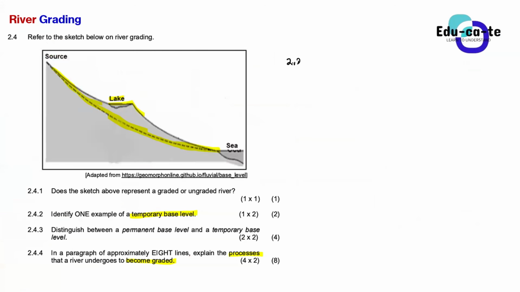You don't have to write all the points, but downward erosion, or vertical erosion, can also remove the temporary base level of erosion, such as waterfalls.